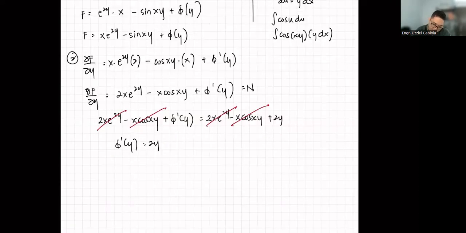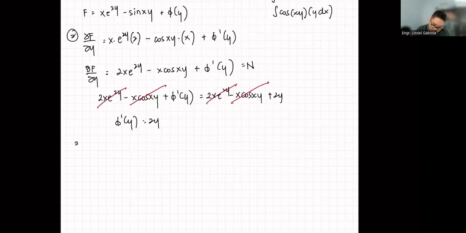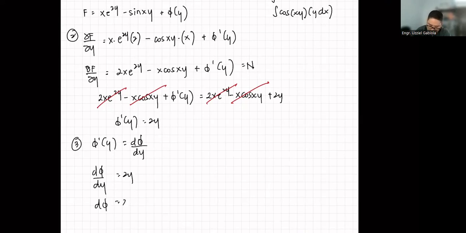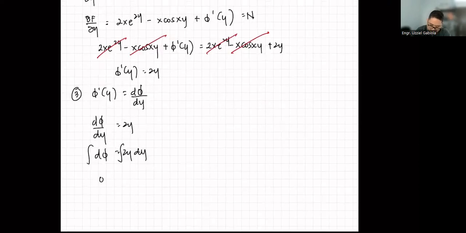Okay? Step 3, si phi prime y is equals to d phi over dy. So, d phi over dy is equals to 2y. So, d phi is equals to 2y dy. Integrate natin both side. So, that is phi is equals to y squared. Okay?